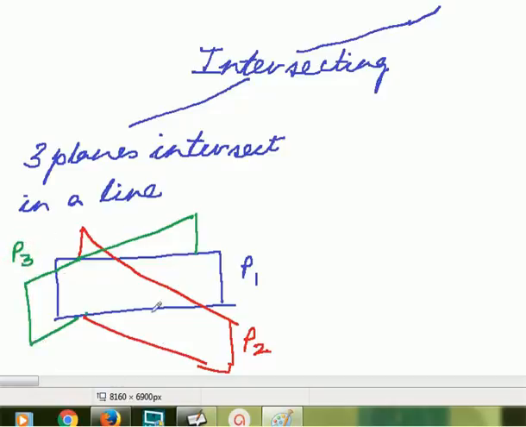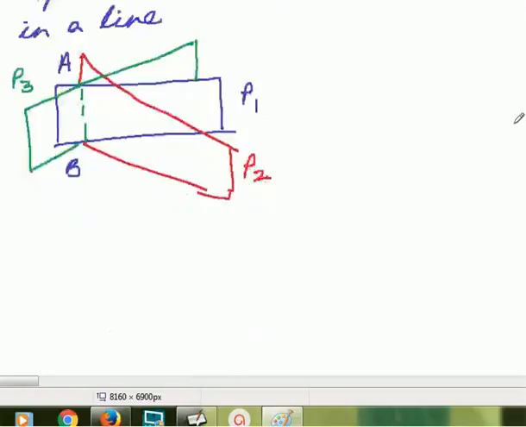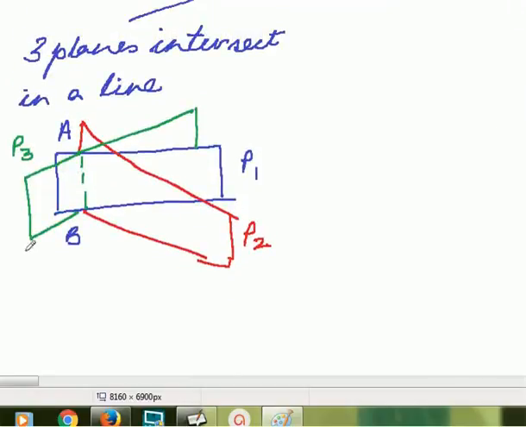Now P1, P2, P3 intersect in this line. We call this line AB. So P1, P2 intersect in this line. This will be a 6th situation. The line is AB.